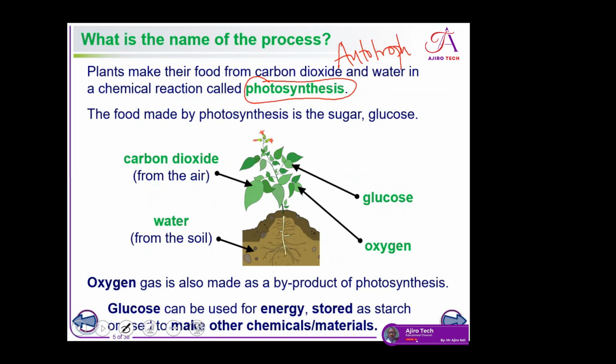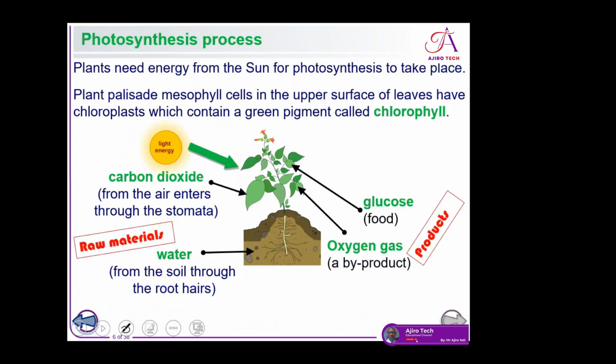They are also known as producers because they make the food themselves. In making this food, they need carbon dioxide from the atmosphere, they need water from the soil, and of course, the whole process happens in the chlorophyll of the leaf.